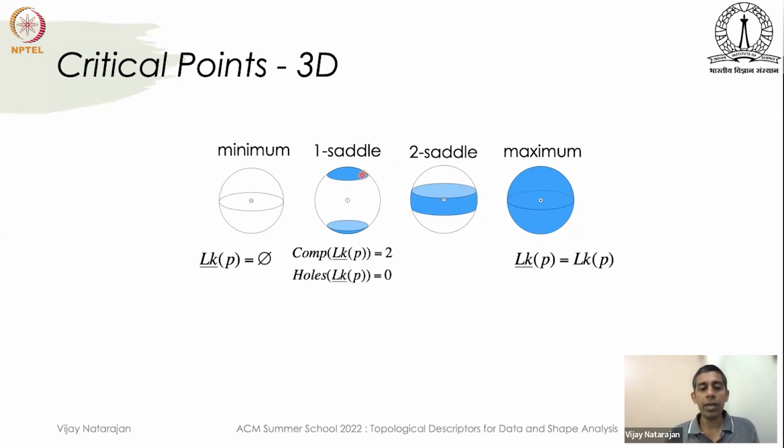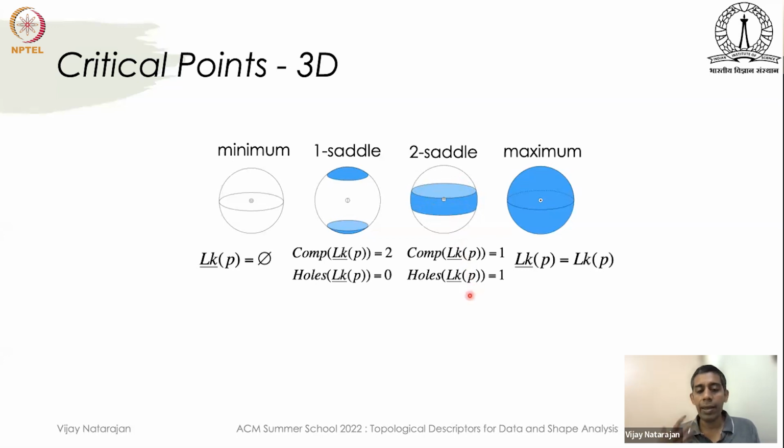The index 1 saddle has two connected components in its lower link, but no holes in the lower link. Whereas the index 2 saddle has one connected component in its lower link, but this lower link is like an annulus. So it has one tunnel or one hole.